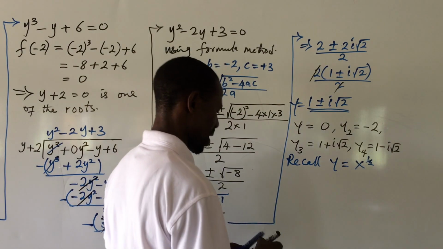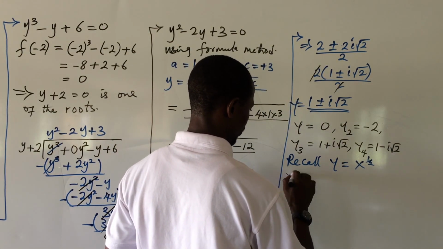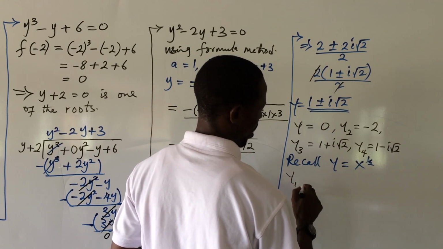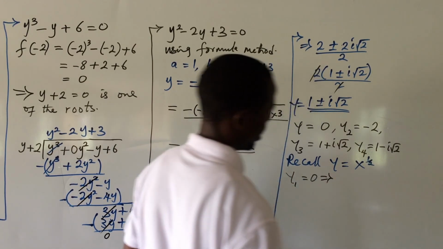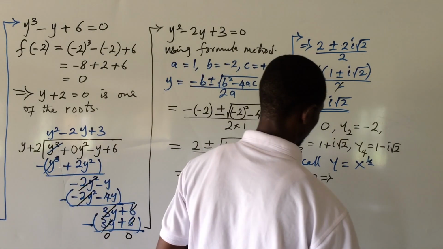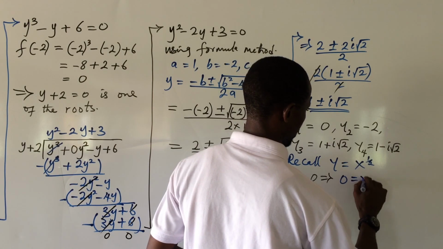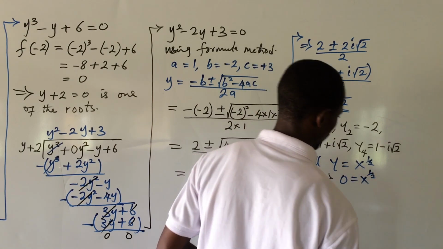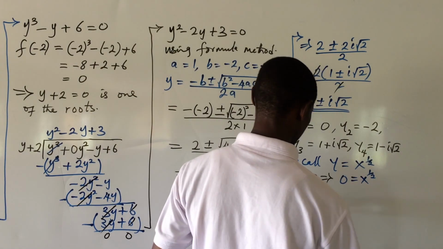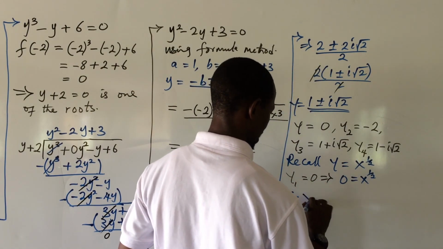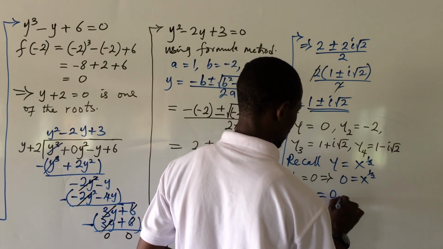For case 1, we have y1 equal to 0. It now implies that 0 equals x to the power of 1 over 2. If we square both sides, automatically this will give us x1 equal to 0.